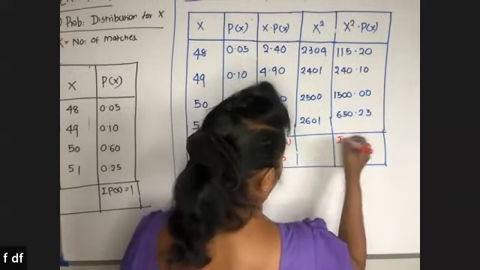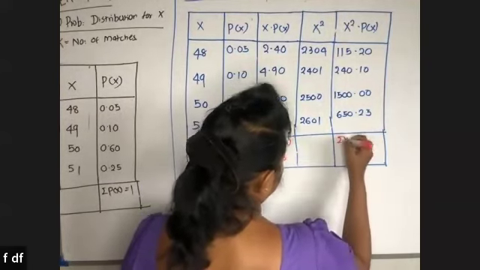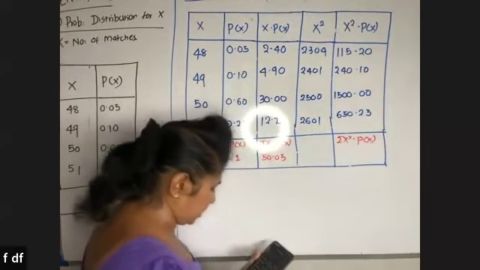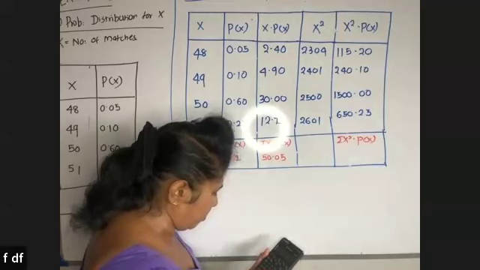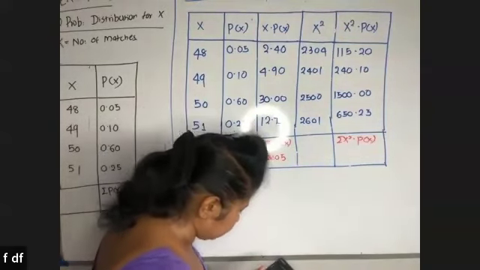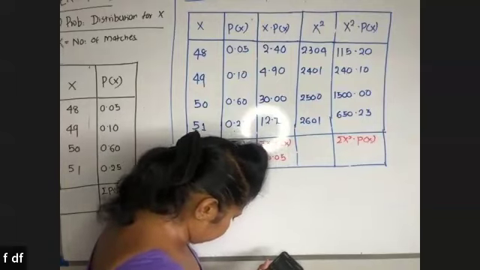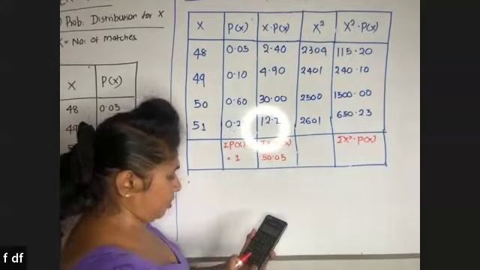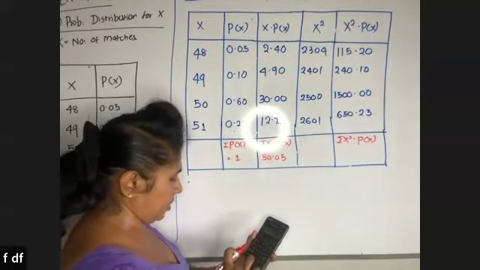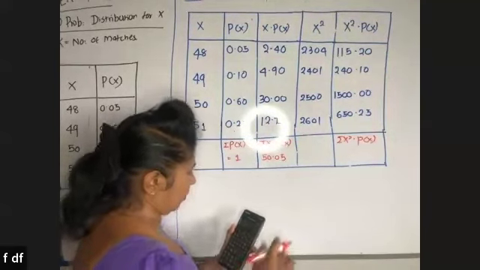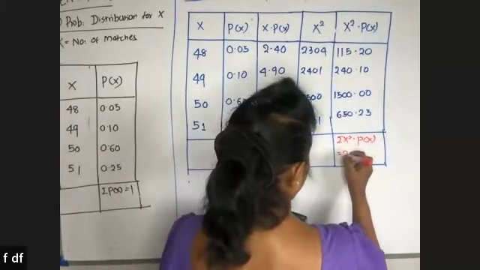Then for the last column, sigma x square into P(x) is 115.2 plus 240.1 plus 1500 plus 650.25, that is 2505.55.